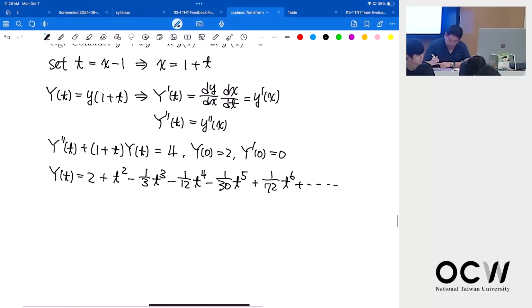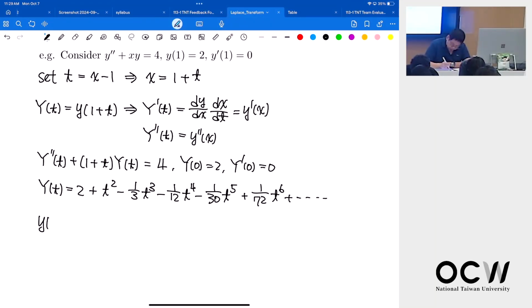Remember that later on you need to bring it back to x, y of x. That will be 2 plus t becomes x minus 1. T becomes x minus 1.